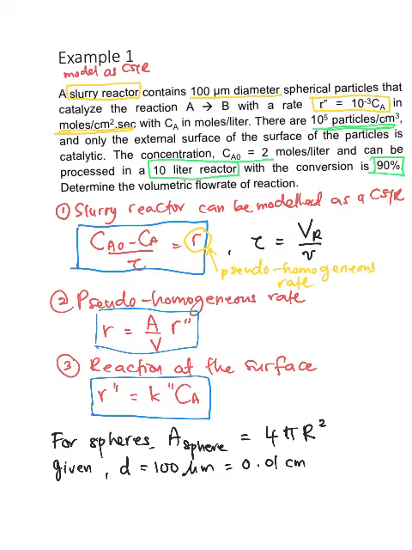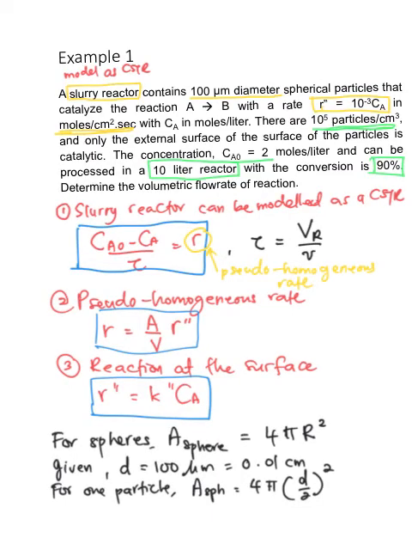Okay, now we can calculate the total area. So for one particle, A equal to 4 pi, and because given here is the diameter, it is d over 2 squared.